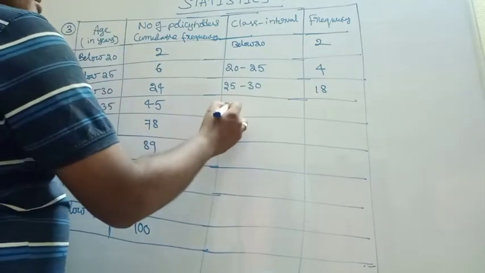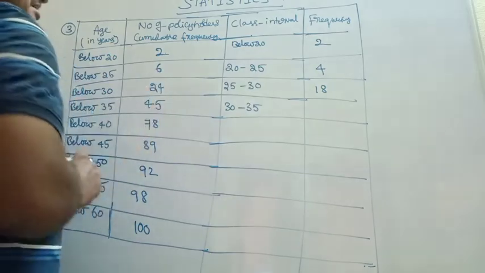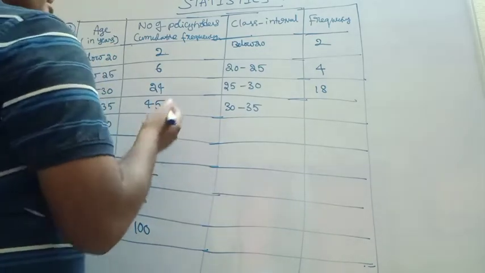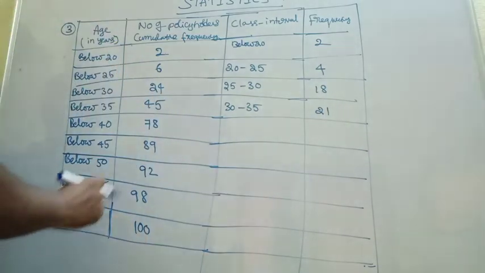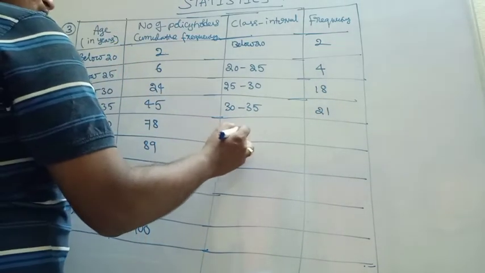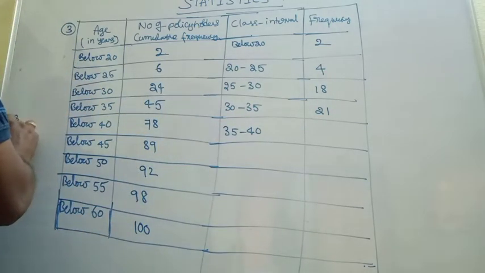Now 30 to 35: 45 minus 24, that gives us 21. Next, 35 to 40: 78 minus 45.